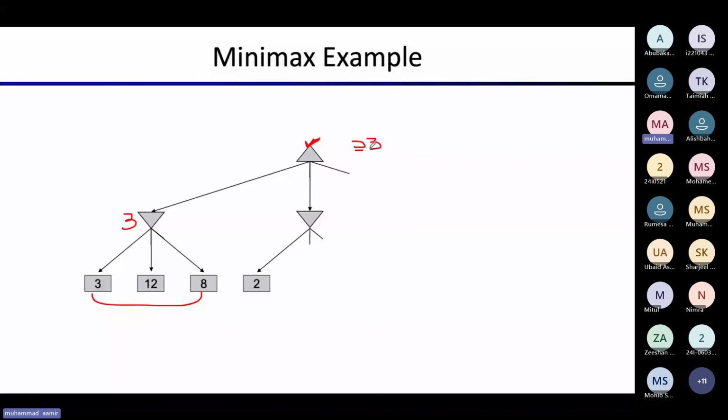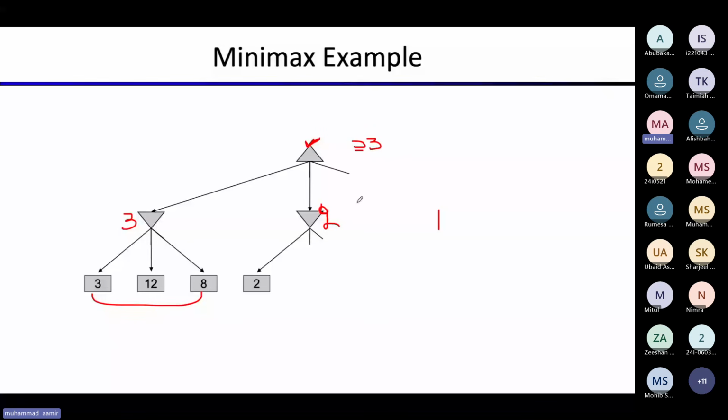What I'm saying, if this particular state gives the value 4, of course max will take 4. If this particular state will give the value 2, max will not take the 2 value because max has to take the max value. So if it is 3, 2, 1, max will consider 3.